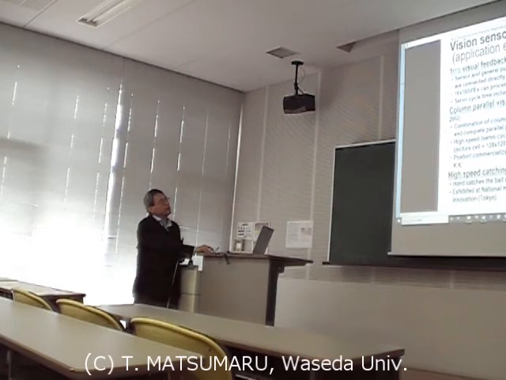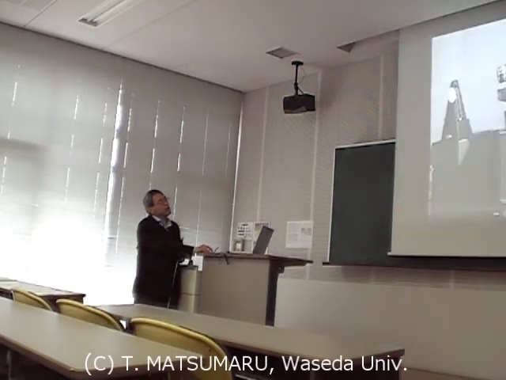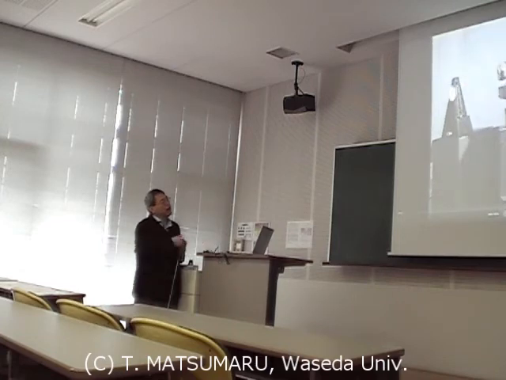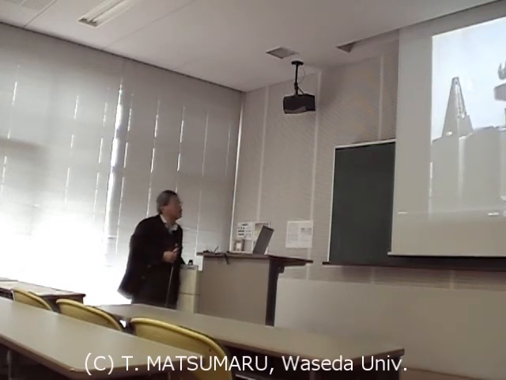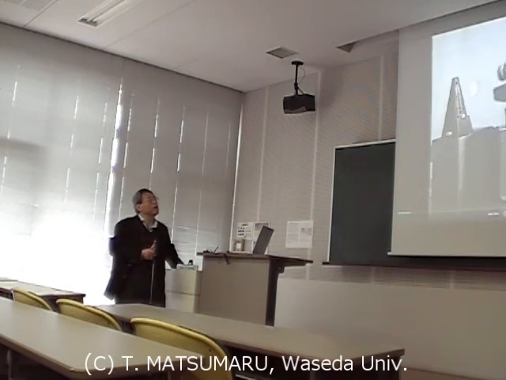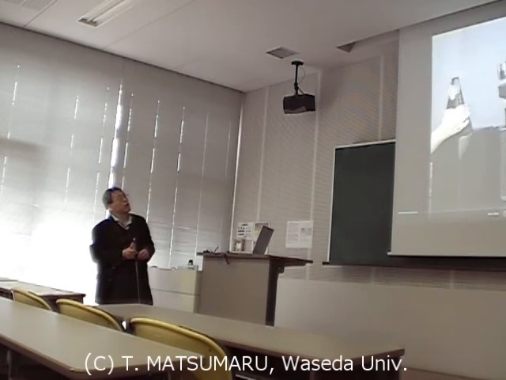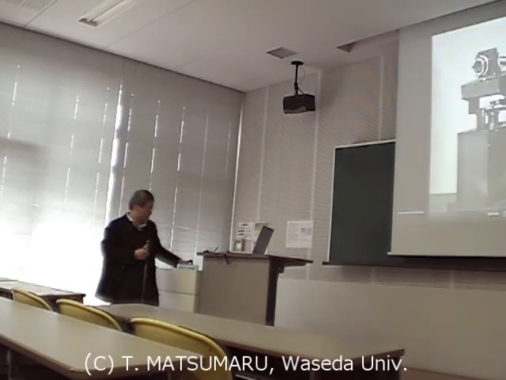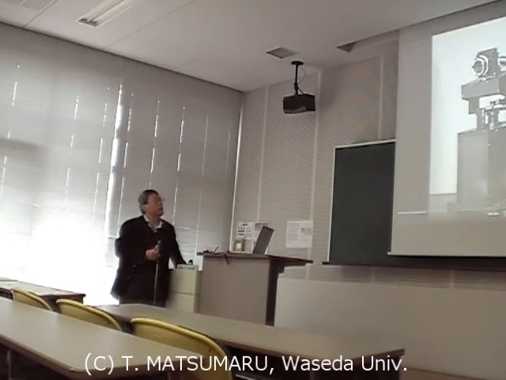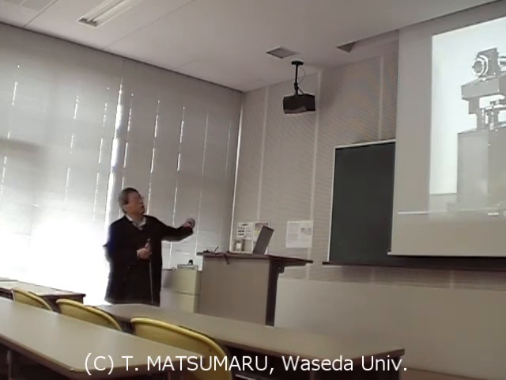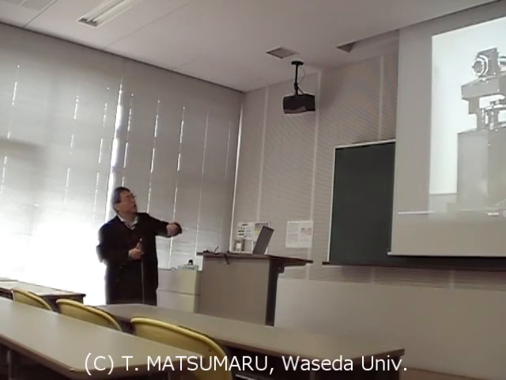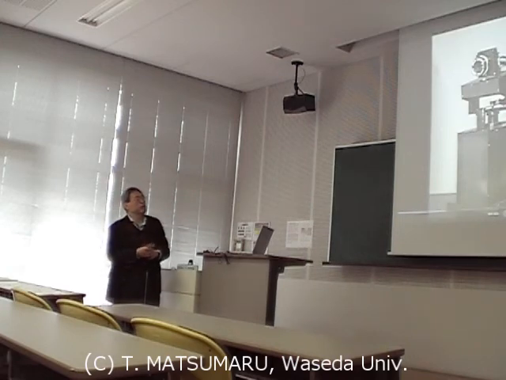In this video proceeding, we describe our 1 millisecond visual feedback system and show a demonstration of high-speed target tracking. Our 1 millisecond visual feedback system uses a massively parallel processing vision system called SPE256, in which photodetectors and processing elements are directly connected. This allows our system to realize high-speed visual feedback.